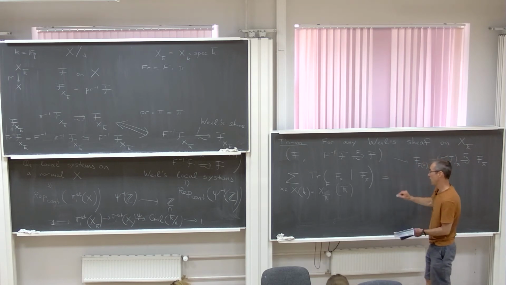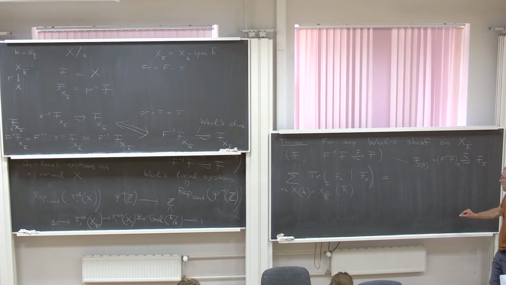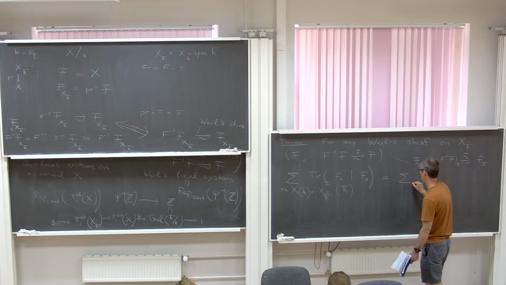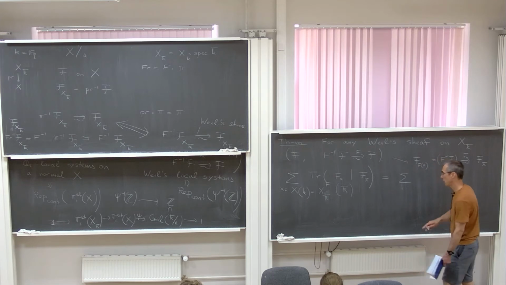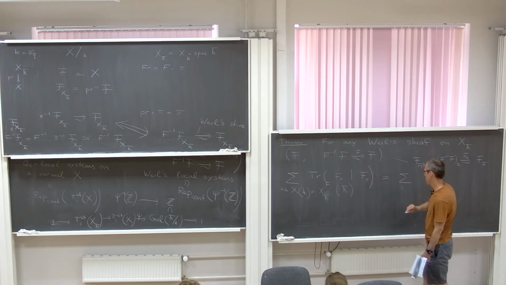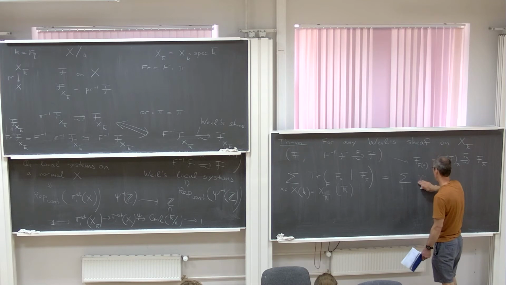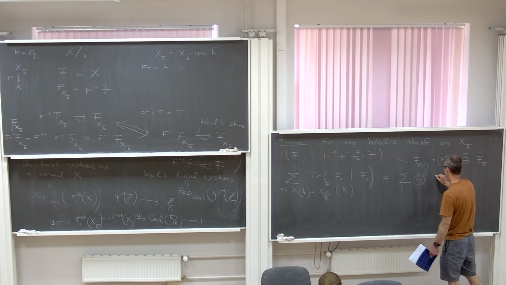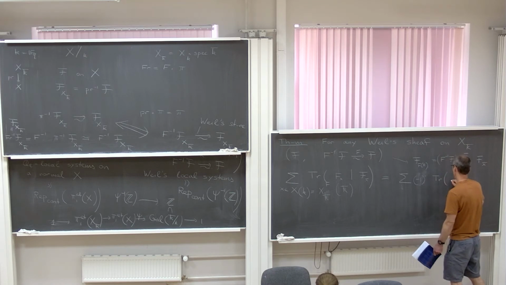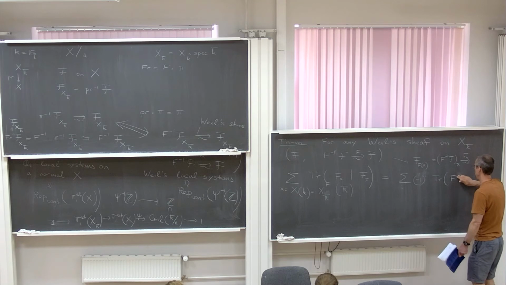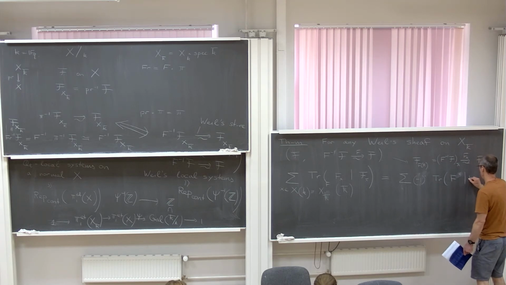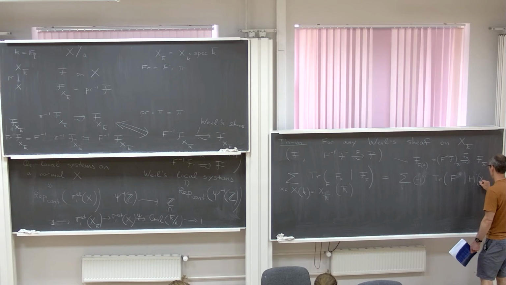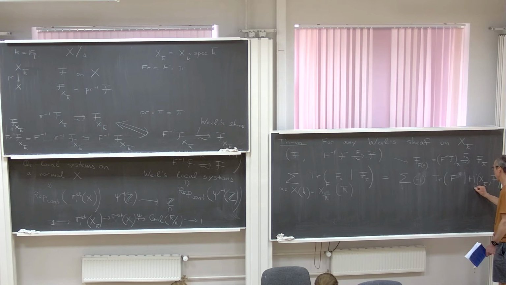And so this is the left-hand side of the Lefschetz formula, and the right-hand side is the homological description: the sum of (-1) to the power i of traces of the Frobenius map acting on cohomology of X_k bar with compact support with coefficients in F. Okay?